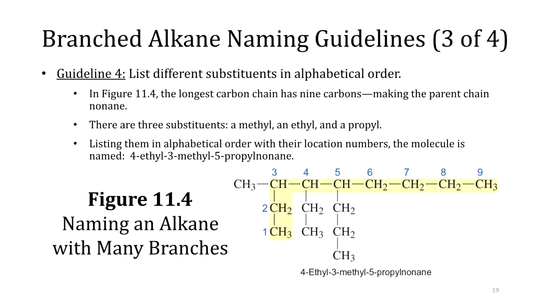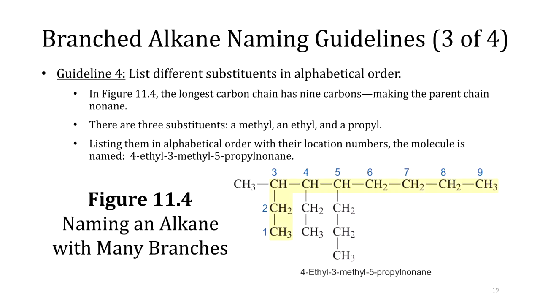So the 9 carbons tell us it's a nonane. And then we have our methyl, ethyl, and propyl, but the first one alphabetically is ethyl, the second one is methyl, and the third is propyl. So we would number this 4-ethyl, 3-methyl, 5-propylnonane.